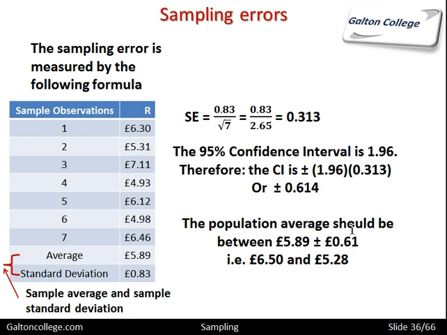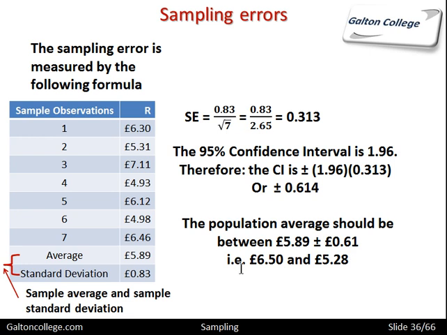So the population average should be between the average of the sample, £5.89, plus or minus 61 pence, 0.61 pounds. In other words, the population average should be between £6.50 and £5.28, 6.5 and 5.28.